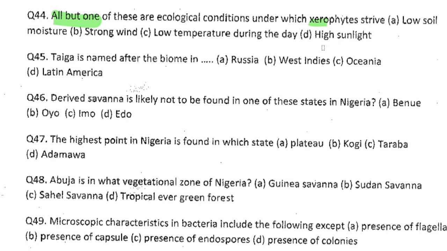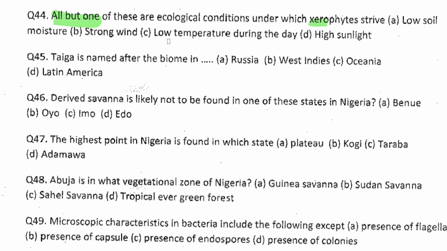If you can see, two options here are clearly contradicting each other. One way of knowing an answer is when two options contradict each other. C and D are contradicting. C says low temperature during the day. D says high sunlight. How can high sunlight result in low temperature during the day? And we've already seen that xerophytes are dry plants that live in dry soil.